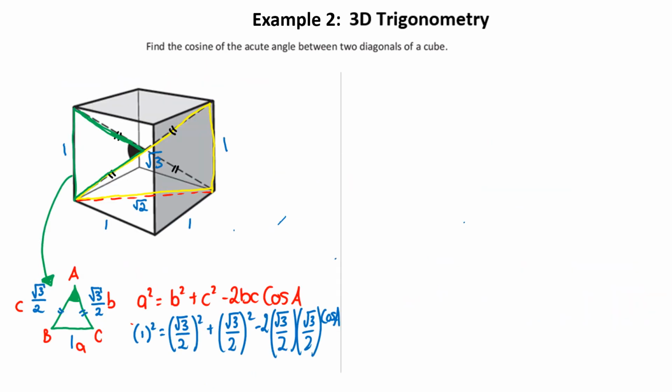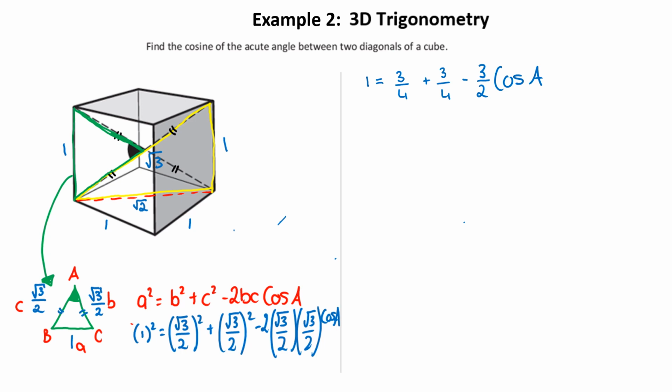So I'm going to move over here and do a little bit of cleanup. That's 1 is equal to 3 over 4 plus 3 over 4 minus 3 by 3 gives us 3 over 2 cos of A. Just some things.